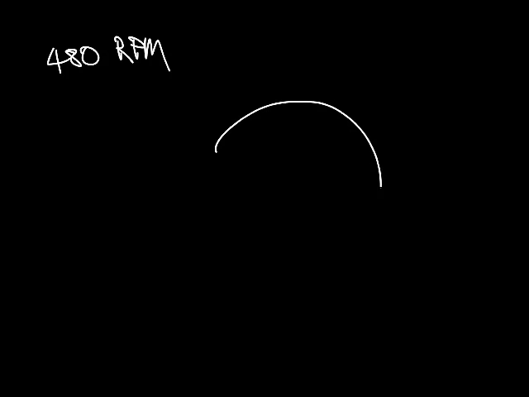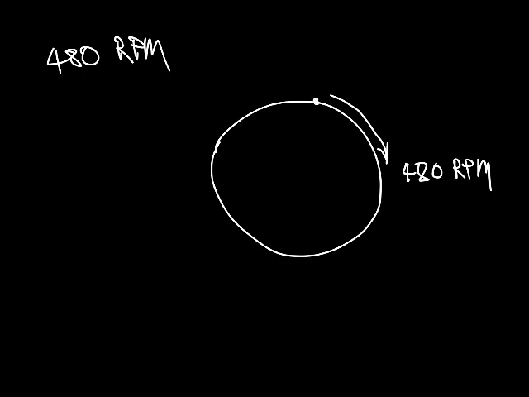So we've got a CD here, and we've got a point there, and this thing is moving 480 RPMs, revolutions per minute. How many degrees will this little dust speck go in 2 seconds? Well, we know it's going to go around 480 times in 1 minute, but we want to find out how many times it's going to go around in 2 seconds.